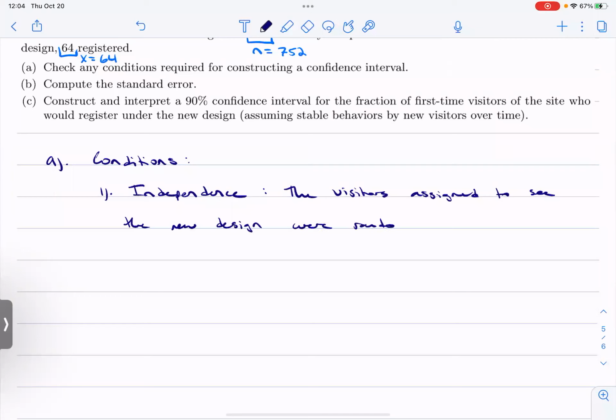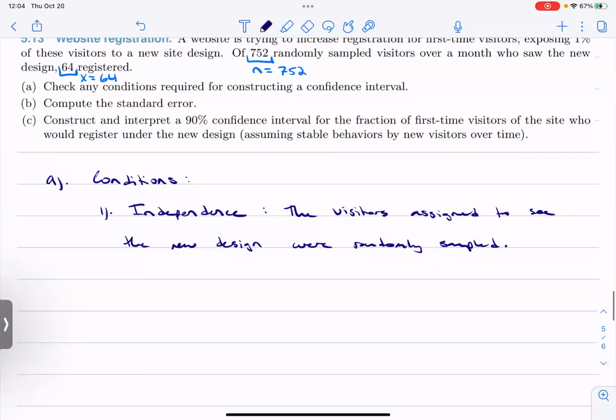Which means, right, that whether they registered or not is independent for each visitor, or that's something that we're assuming.